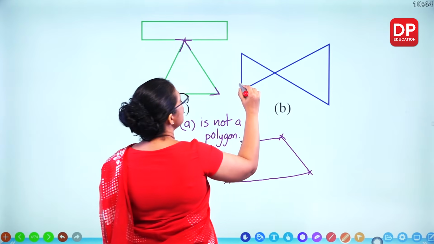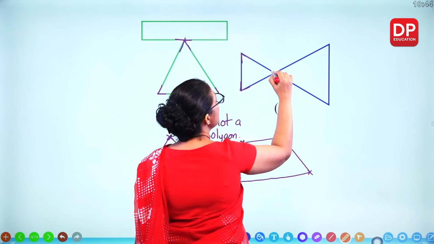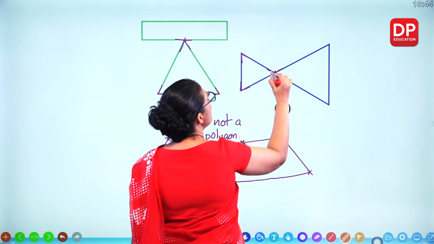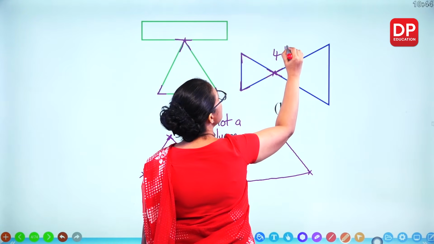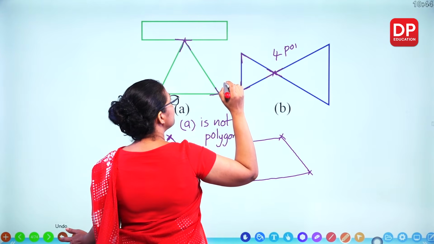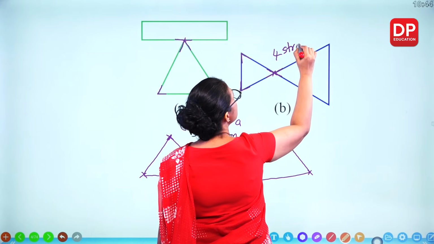This one, these are okay, 2 lines connected. But when you take this one, 1, 2, 3, 4, 4 points connected. So I can write 4 points, 4 straight lines connected.